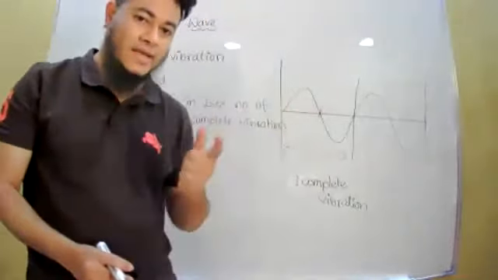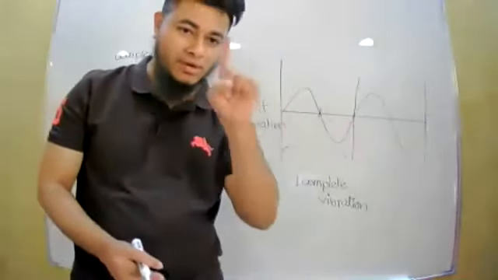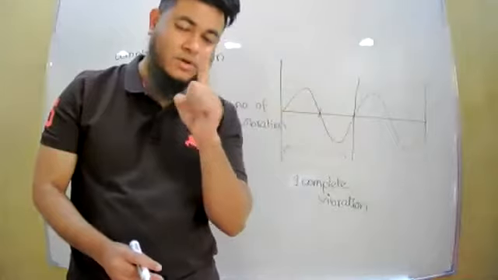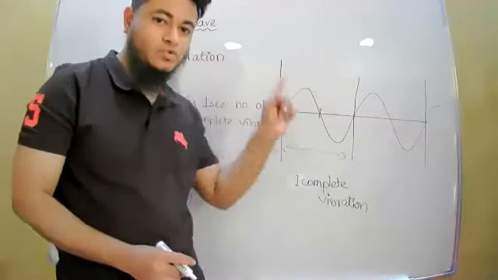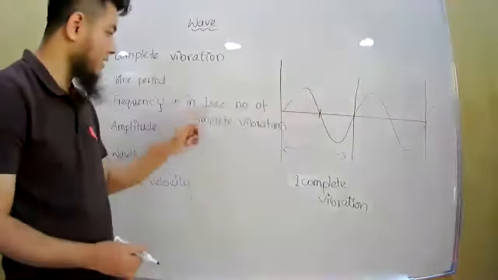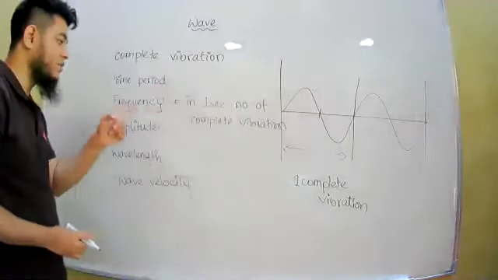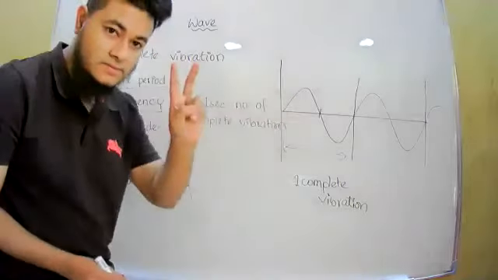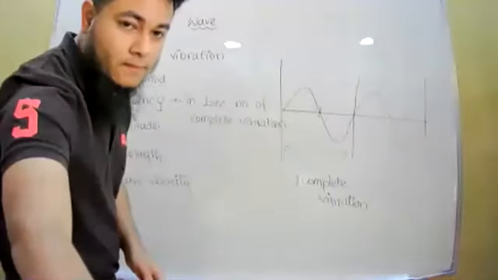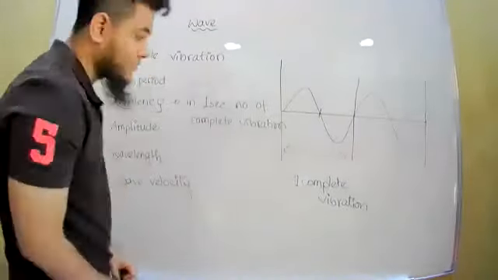If I say that these two vibrations were completed in 1 second, the number of vibrations completed in 1 second is 2. So we can say that the frequency of the wave is 2.